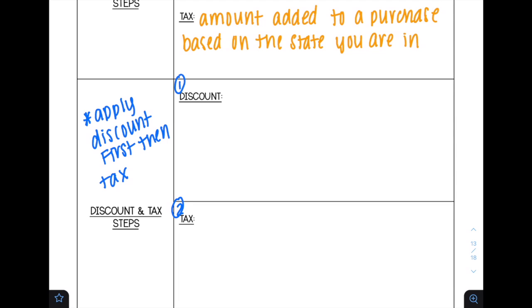With discount, you have the sales item or sales amount. You want to make sure you're multiplying it by your discount, that percent as a decimal. Then you're going to get your amount saved.